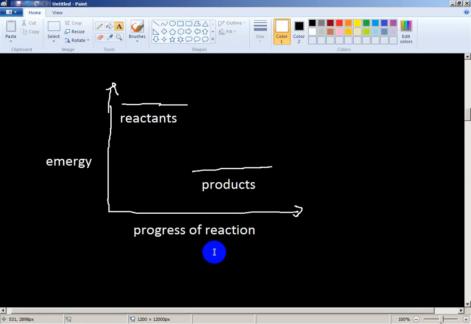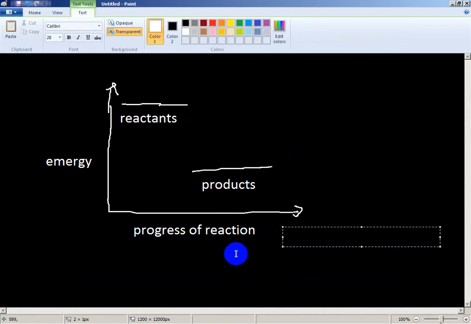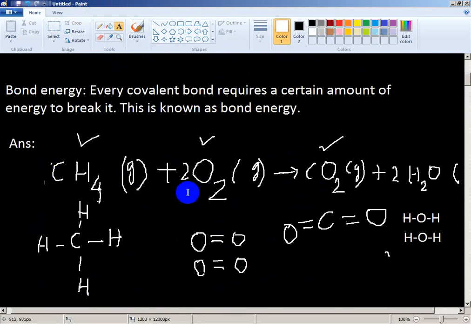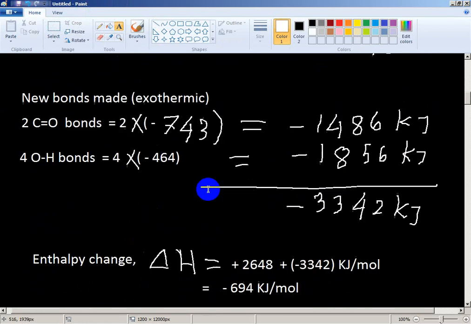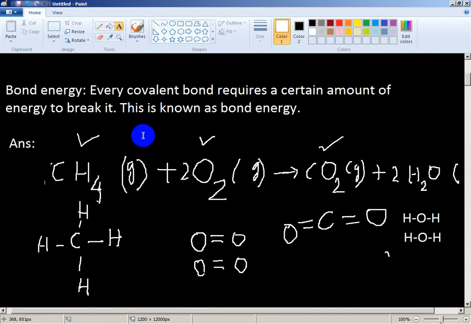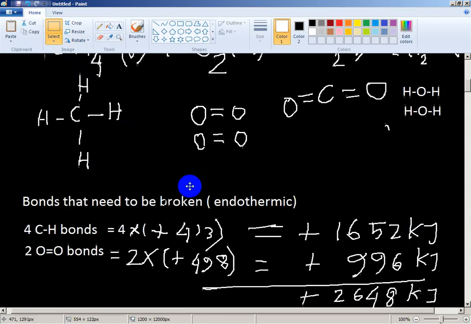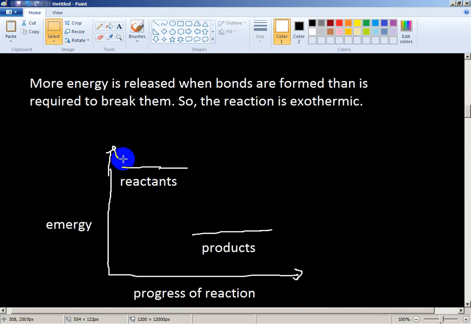Okay, so the reactant is here. The reactant is methane and oxygen, CH4 and oxygen. I can write these things here and copy paste them. This is the reactant.